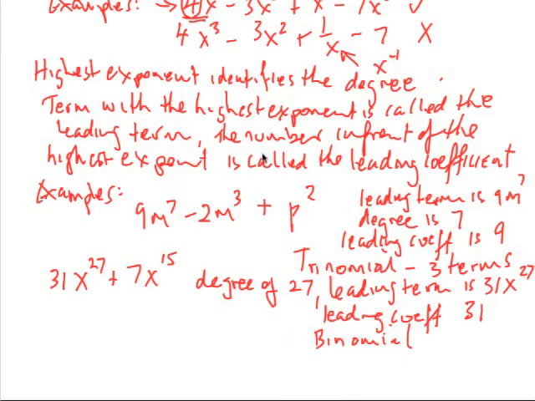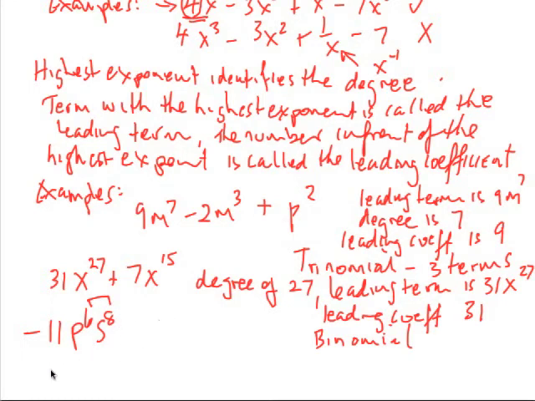Alrighty. Now we can have more than one variable. So in this case here, suppose I have negative 11p to the 6 s to the 8. Now how we deal with 2 variables is to get the degree we add the exponents that add up to the largest value together.